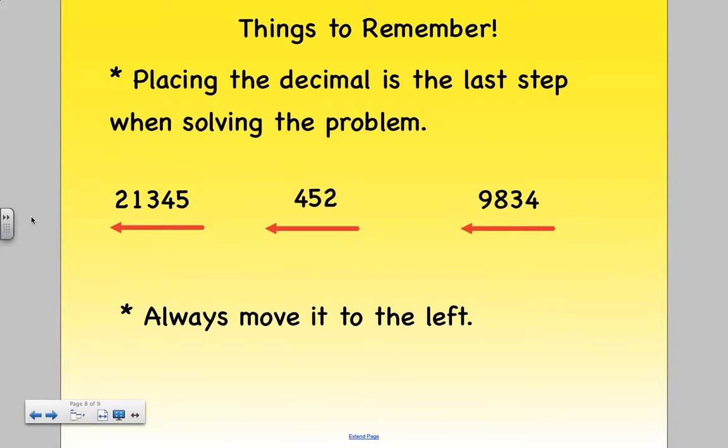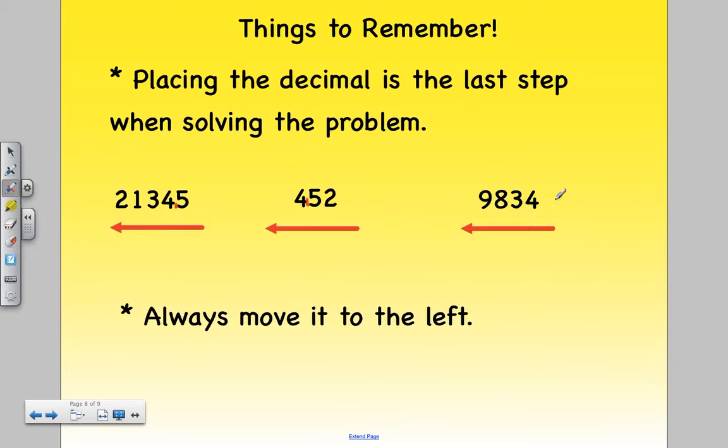Also, when I'm placing my decimal point, it's very important that you start from the right and you move towards the left. You start here and you move this way. So your decimal point starts over here. If I had to move it one place, I would start over here and I'd go 1 and I'd place it right here. Okay? If I had to move it 2 places, I would go 1, 2 and place it right here.